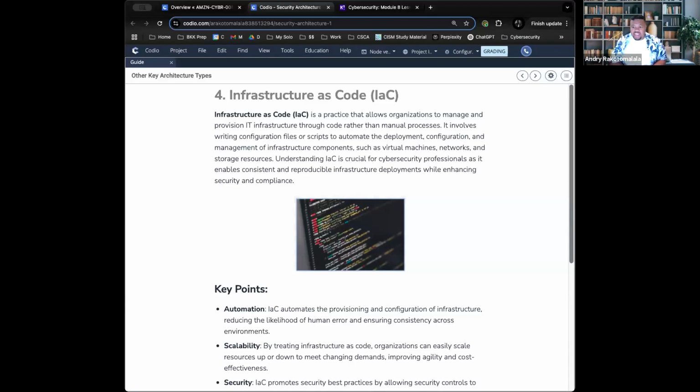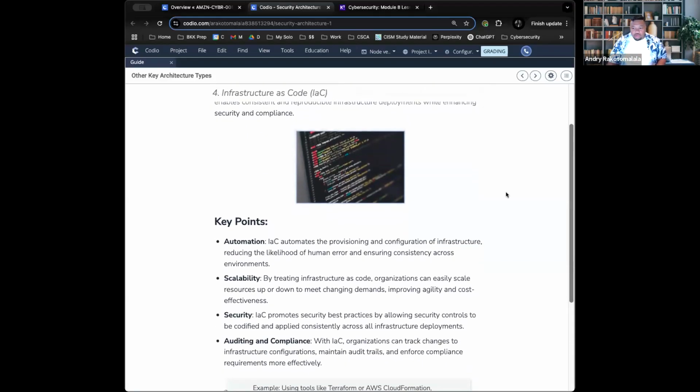Think of it as, instead of clicking buttons to create systems, you can write instructions in a file. And then when you have that file, you can deliver it to all the devices so that they automatically ingest it. This is just a way to automatically update all of your devices without needing to manually take time to do that. Now, why is that important?